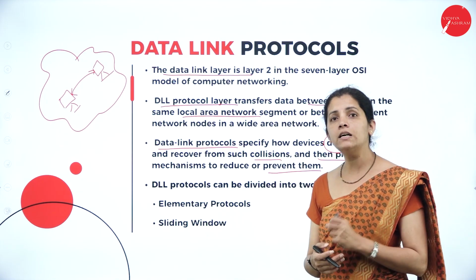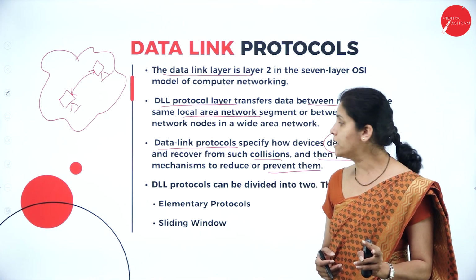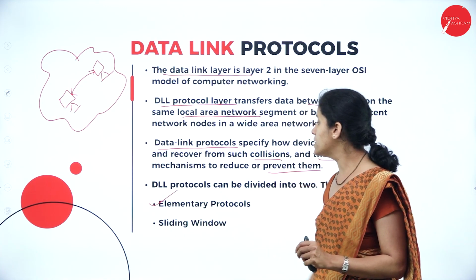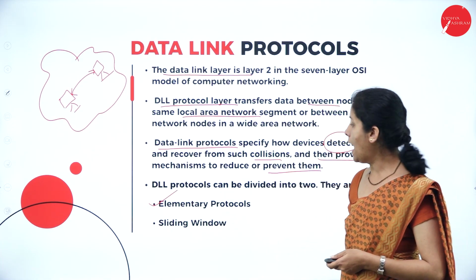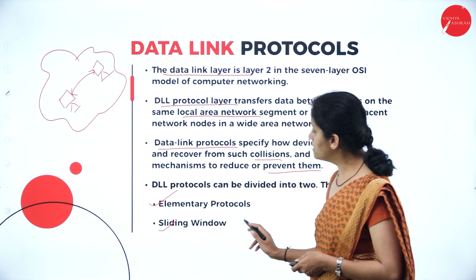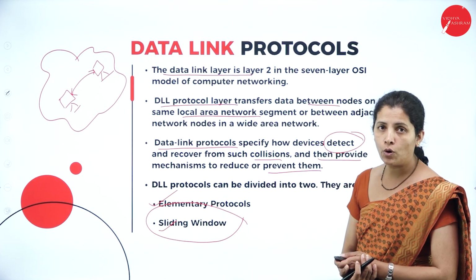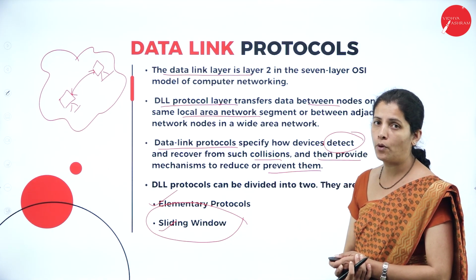And if I consider data link layer protocol, there are two types of data link protocol. One is elementary protocol and another one is sliding window. And from the examination point of view, the sliding window protocol is very important.